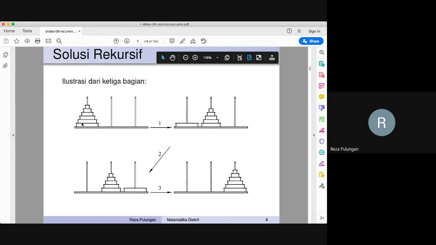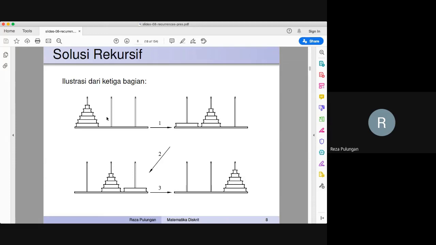Take the topmost n minus 1 disks from the first tower and move them to the middle tower. Of course, you cannot do this in one shot, but there must be a way to do this. It takes a lot of steps.